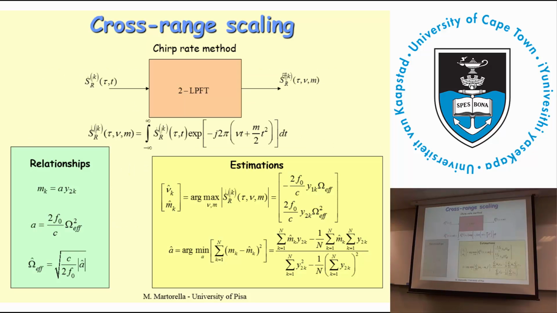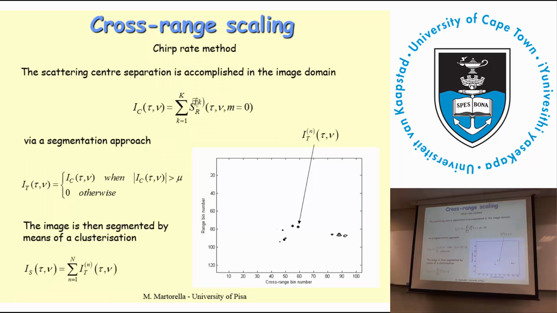And what you do, you calculate this polynomial Fourier transform locally as the area. So you calculate the local polynomial Fourier transform for each of these components. It's like you're filtering them out in this domain, the image domain.